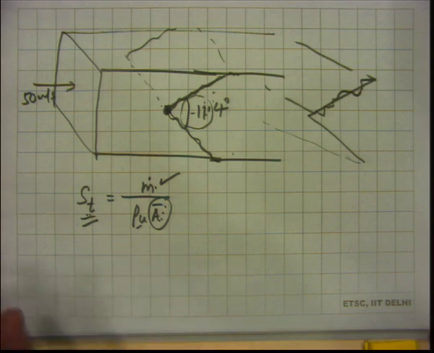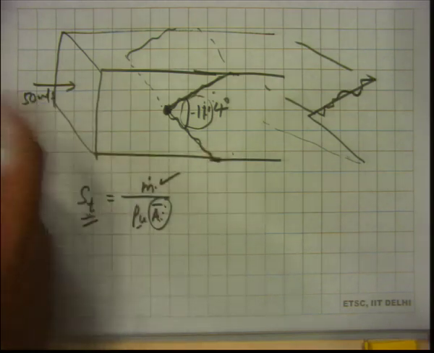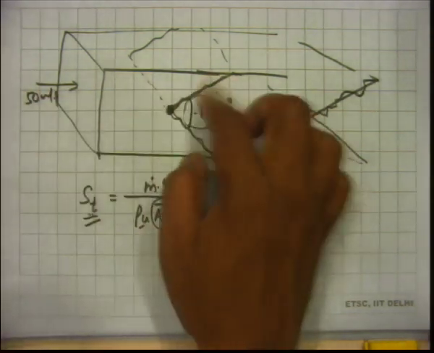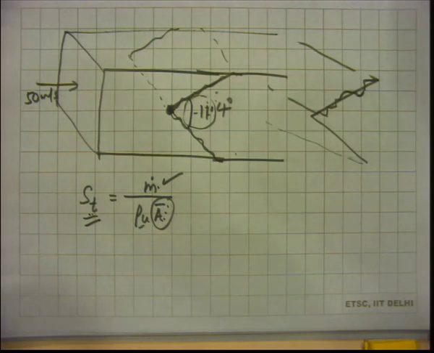So it helps heat the incoming mixture. So there is this mixture coming like this, and there is a recirculation zone which is a source of heat, right? So it heats up the incoming mixture and helps its reaction rate to pick up and get stabilized on the rod. Okay, so this is called bluff body stabilization.